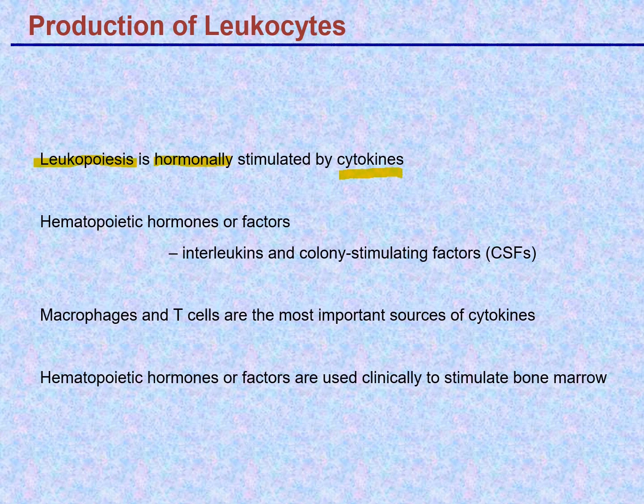Many of these cytokines, these protein hormone signals, are produced by white blood cells, but not all of them.